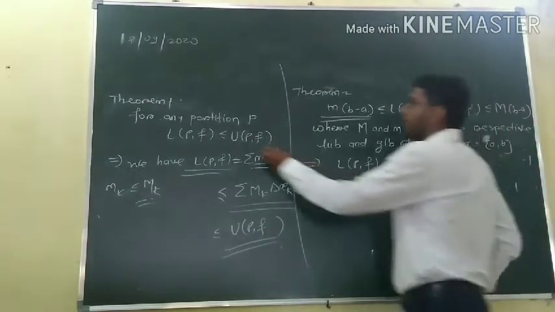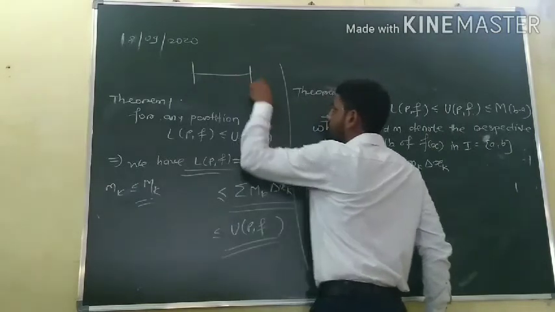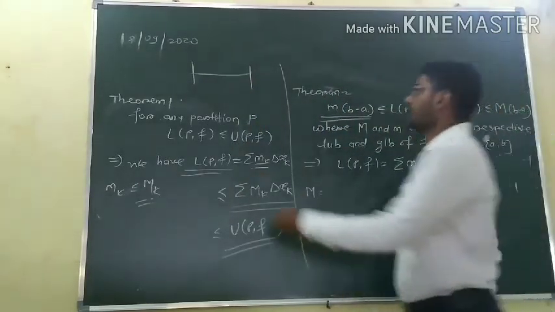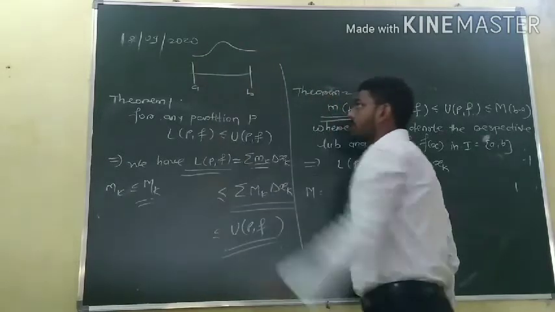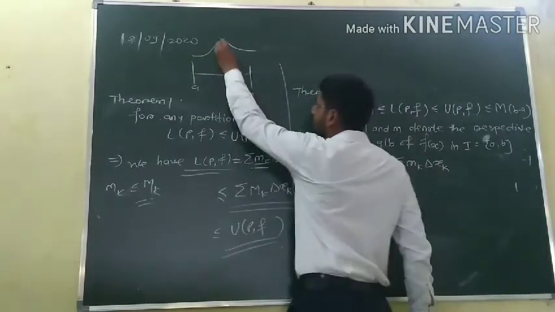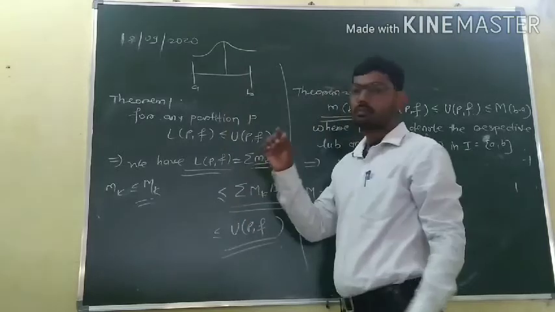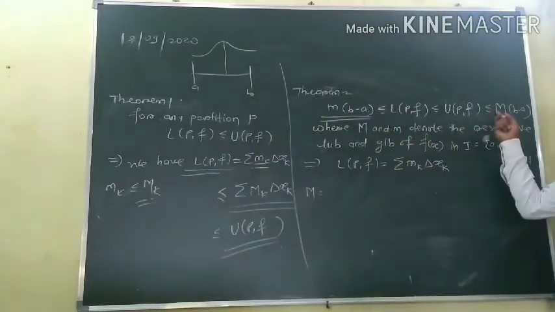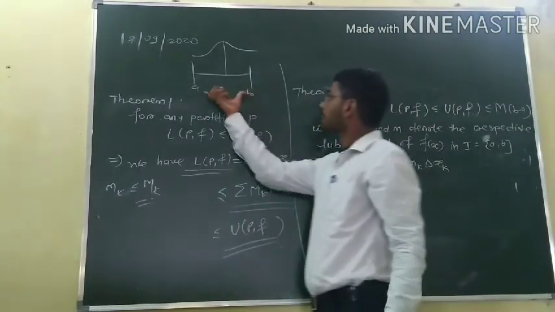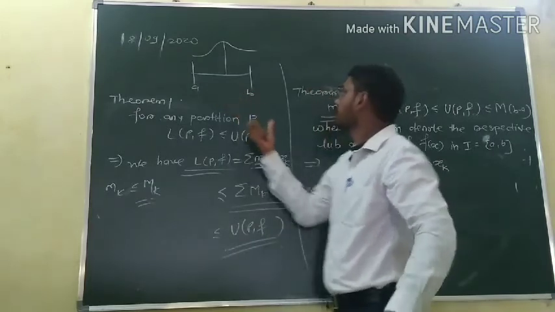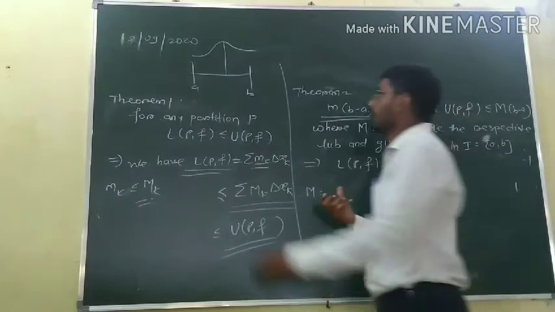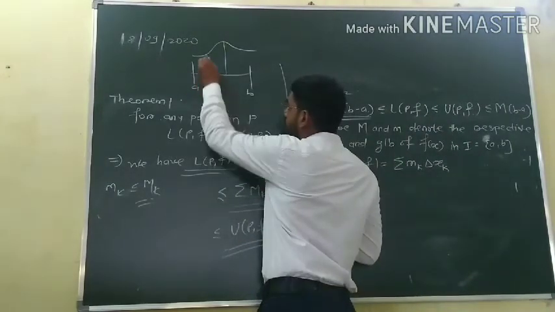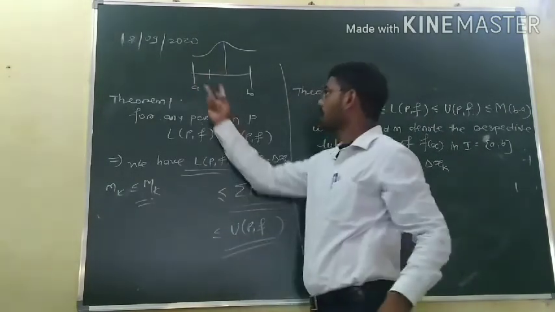Okay, suppose this is the interval a to b, and this is the graph of the function. Okay, so this is the maximum value of the function. We say it is capital M, the maximum value in the whole interval AB. But if we ask for the value of M_1, that is the maximum value of the function in the first subinterval. Suppose this is the first subinterval.